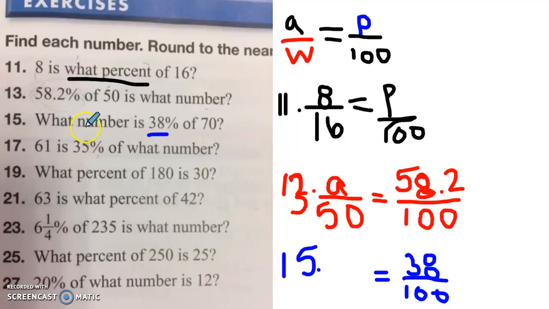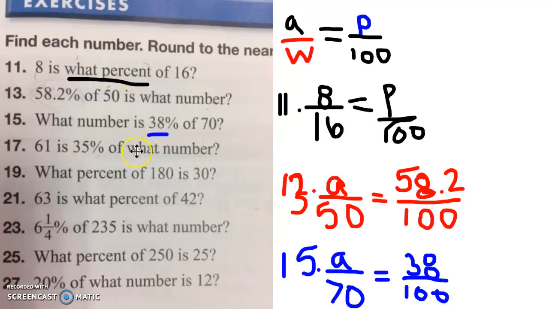What number is 38% of 70? So I want to know what out of 70 would be the same as 38% out of 100. I'm looking for the part. Again, I'm going to multiply the numbers that are across and I'm going to divide by 100.